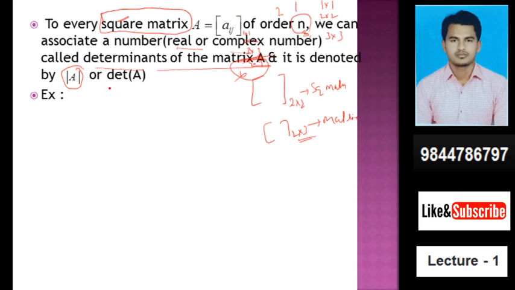This is the symbol of determinant. In this topic, we are going to refer to this as the determinant of A, or else we can say det of A. Det means determinant. One question will arise in our mind: how did we get the word determinant?